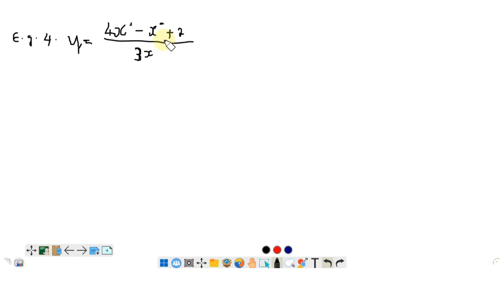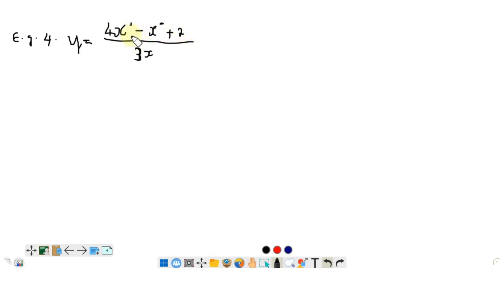So when you have this type, I can see that 3x is not a factor. Even if I try to factorize here, I don't have x, this is just a number, so there's no way I can factorize and get 3x outside and cancel it. So what you do here is separate the terms first.